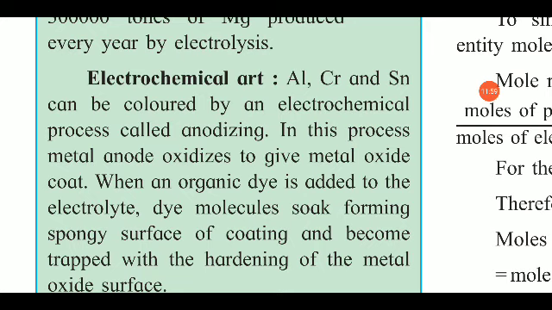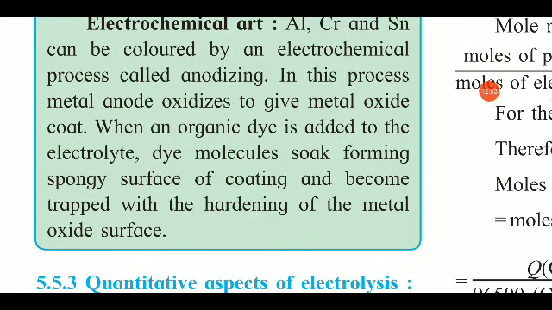When an organic dye is added to the electrolyte, dye molecules soak into the spongy surface of the coating and become trapped with the hardening of the metal oxide surface. That means oxidation of the corresponding metals can be stopped with organic dyes as well.